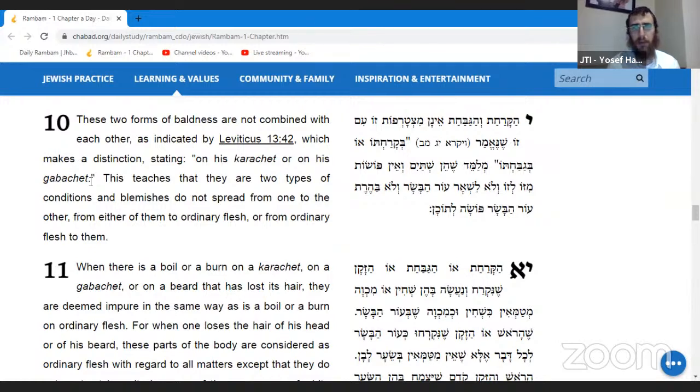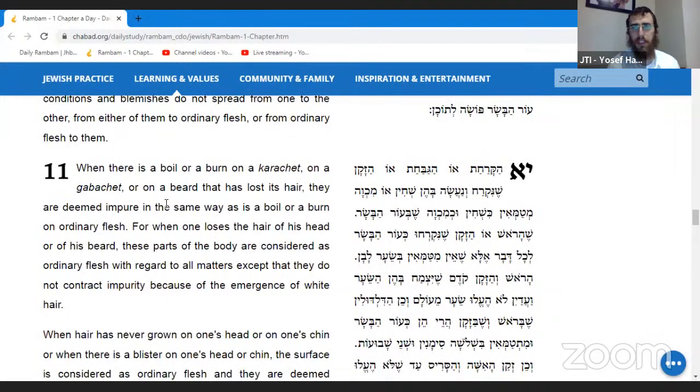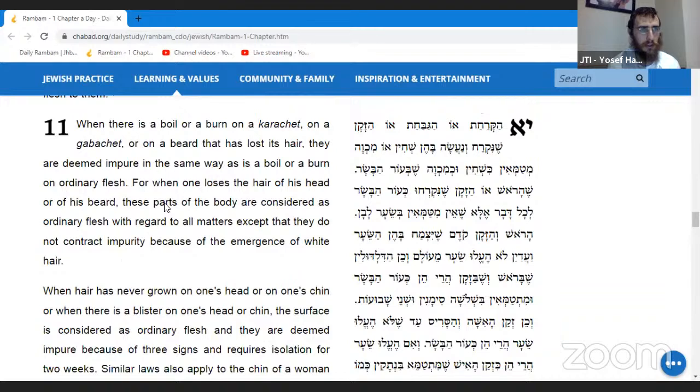Why does it differentiate between karachas, the back half, and gibachas, the front half? This teaches that there are two types of conditions, and blemishes do not spread from either of them to ordinary flesh, or from ordinary flesh to them, just like we learned about the burns and the boils.